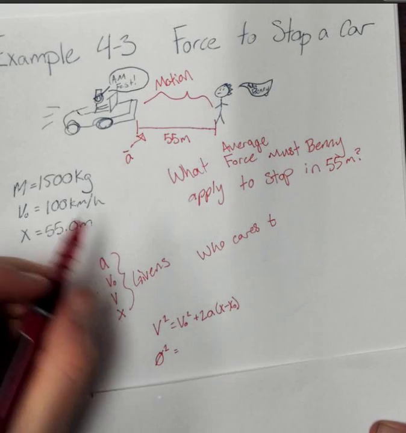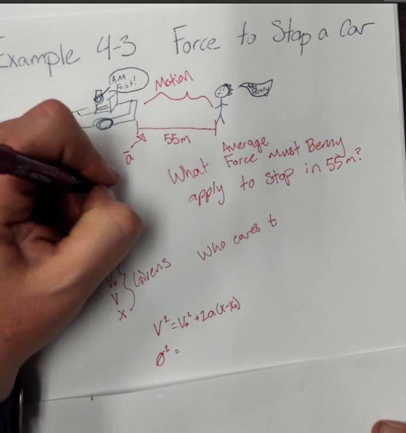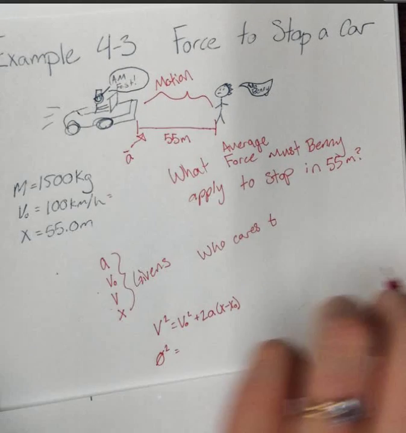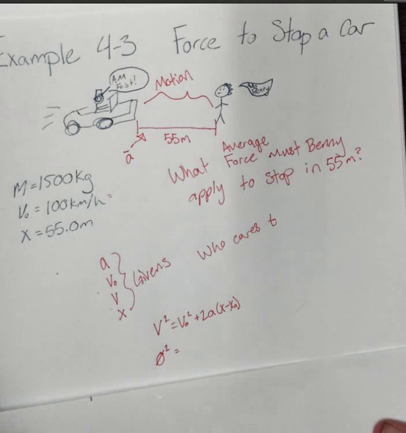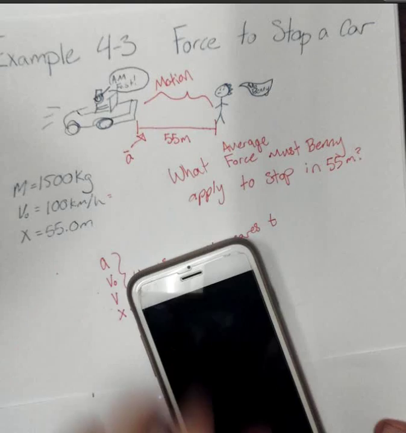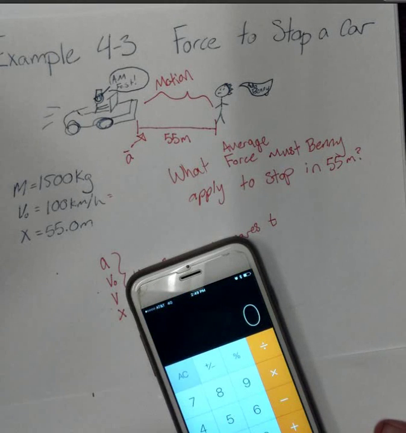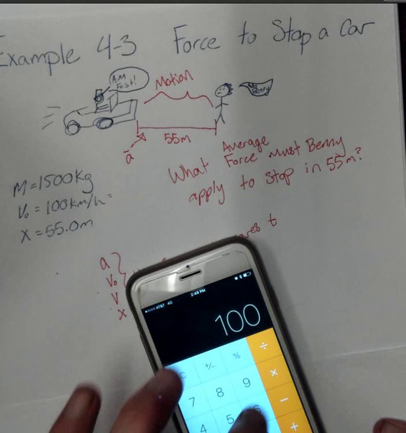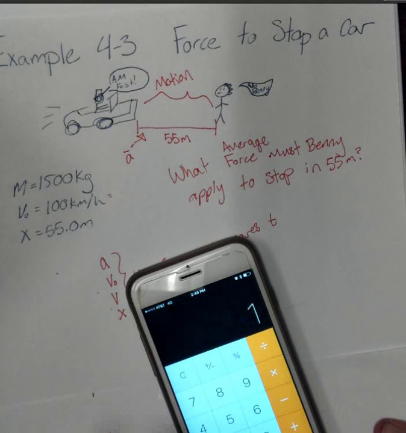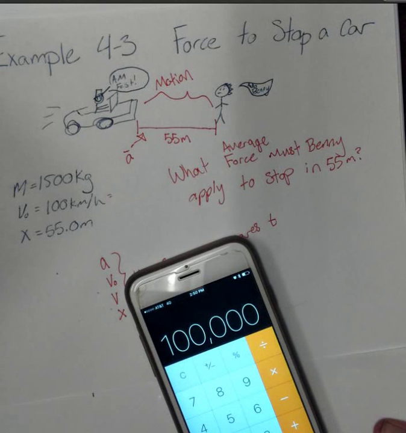We know that our velocity must be in SI units, so I'm going to convert 100 kilometers per hour into meters per second. And in order to do that, I'm going to say 100 kilometers times 1,000 meters, and that's going to happen in 3,600 seconds.